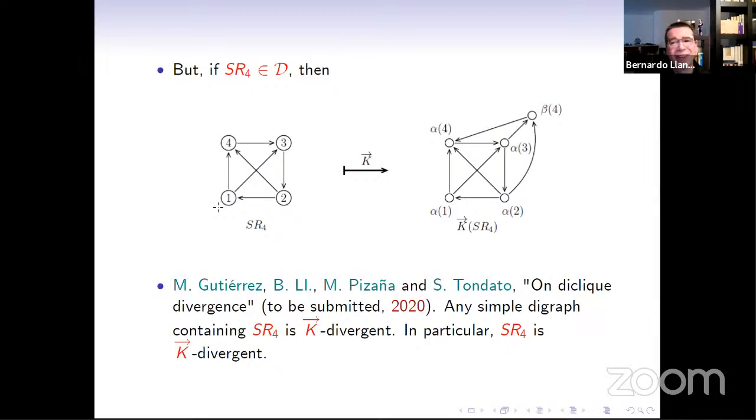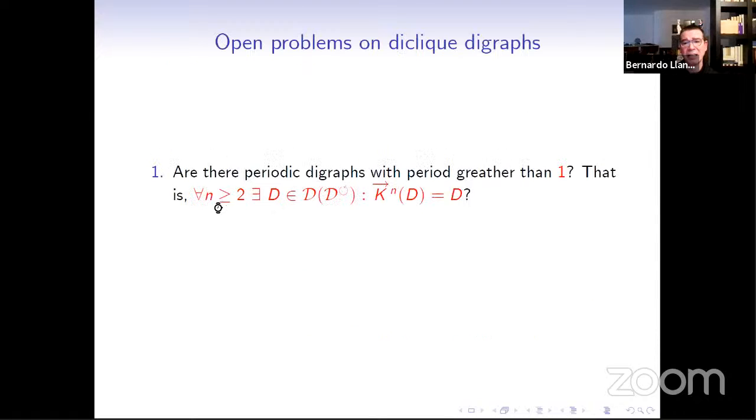It's quite difficult, very interesting. We spent a lot of time thinking about this problem, and it was beautiful to think about that. There were many frustrations. Sometimes we couldn't prove it after a while. So I will finish with this example and some open problems on the diclique digraph.